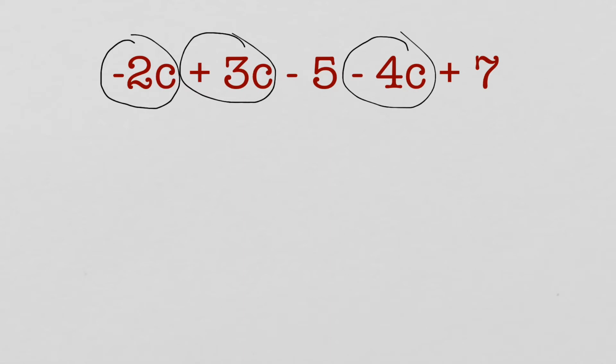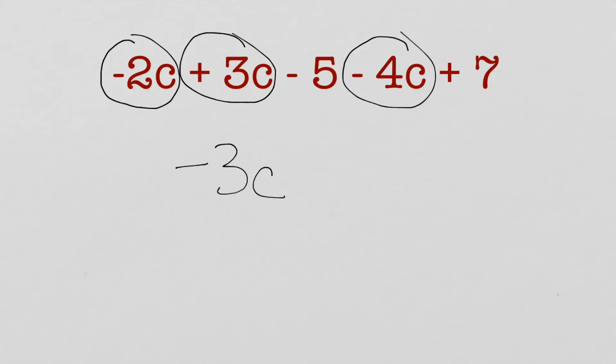So I'm going to say negative 2c, and if I add 3c to it, negative 2 plus 3 is 1. So now I'm at 1c. And then if I subtract 4c, the 1 that I'm at minus 4 gets me to negative 3. So I'm going to end up finishing at negative 3c. Now I'm obviously not done because I still have that minus 5 right here and the plus 7.